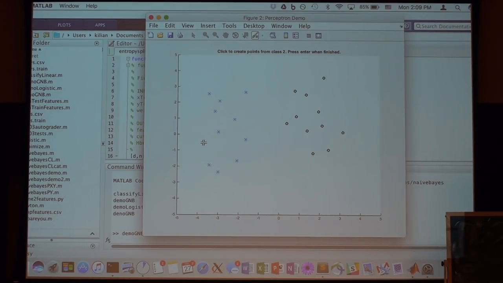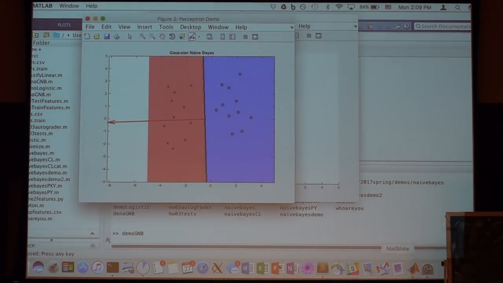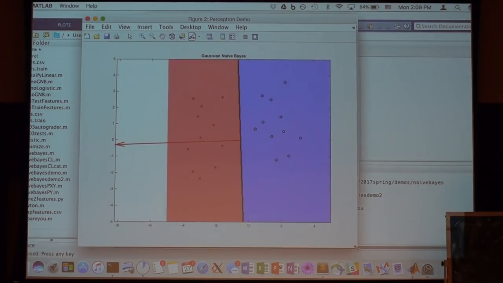Here I'm assuming that the features are real-valued, and I assume a Gaussian distribution. So this is what we just did, and if I now run this, this is what we get. As we will prove in the homework, it ends up being exactly a linear classifier.